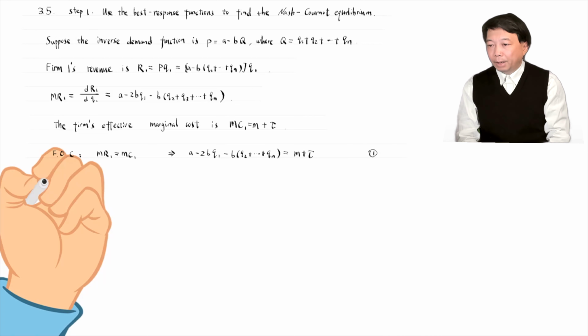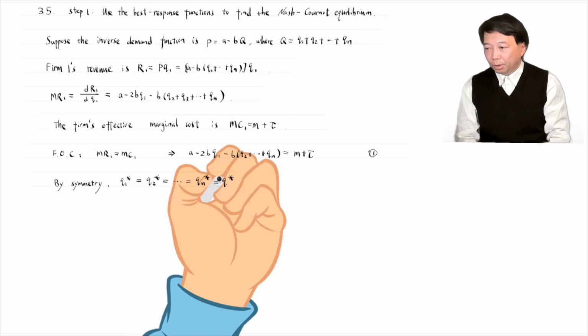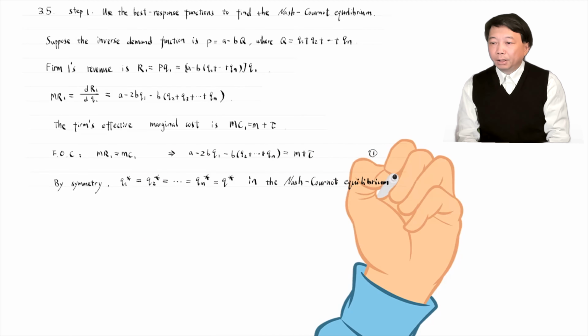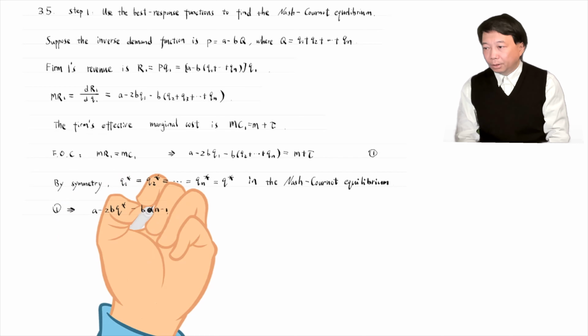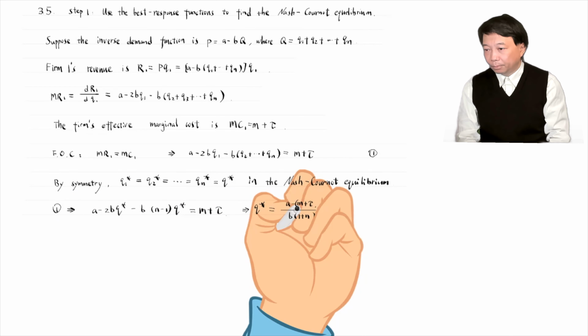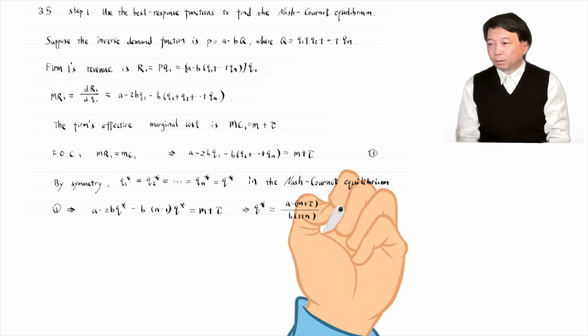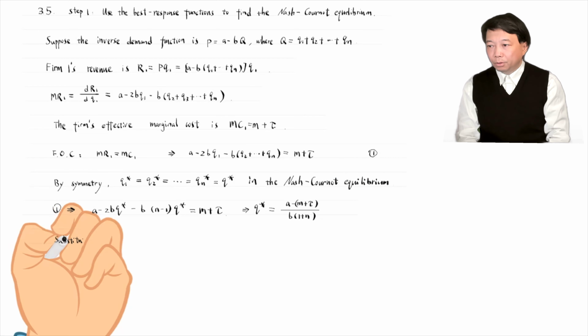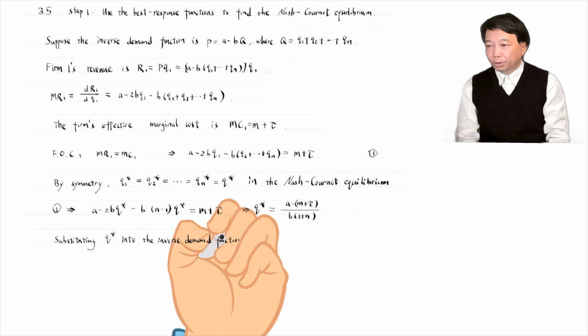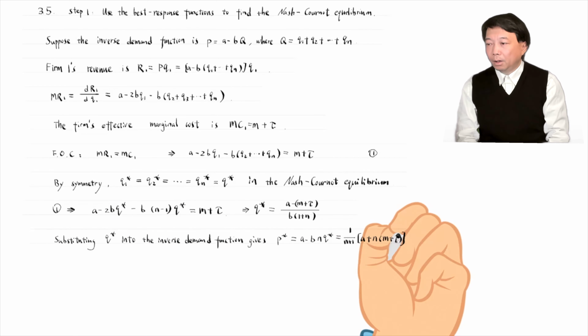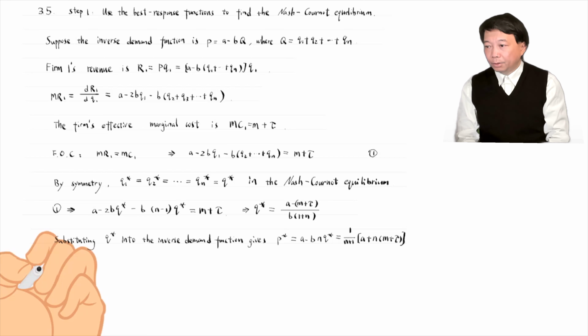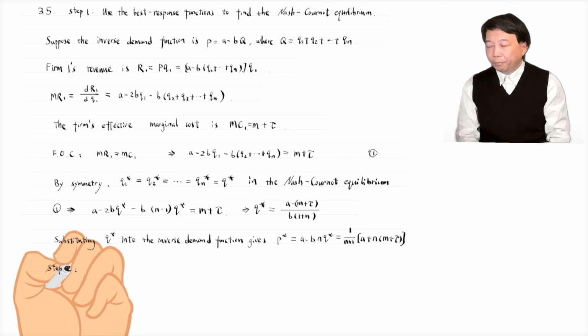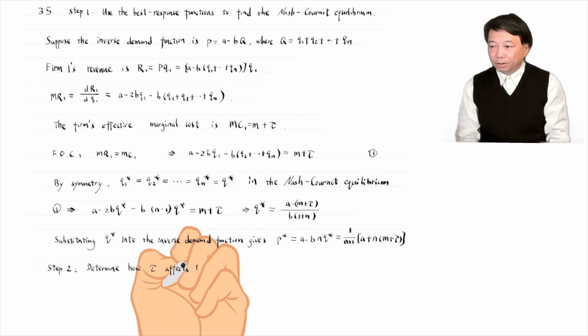By symmetry, each firm's Cournot equilibrium quantity is the same. So the best response function becomes an equation with only one unknown variable, Q star. We can obtain Q star. Substituting Q star into the inverse demand function gives the Cournot equilibrium price P star. Both Cournot equilibrium quantity and price are functions of parameters A, B, M, N, and tau. Next, we find out how the tax tau affects the equilibrium price.